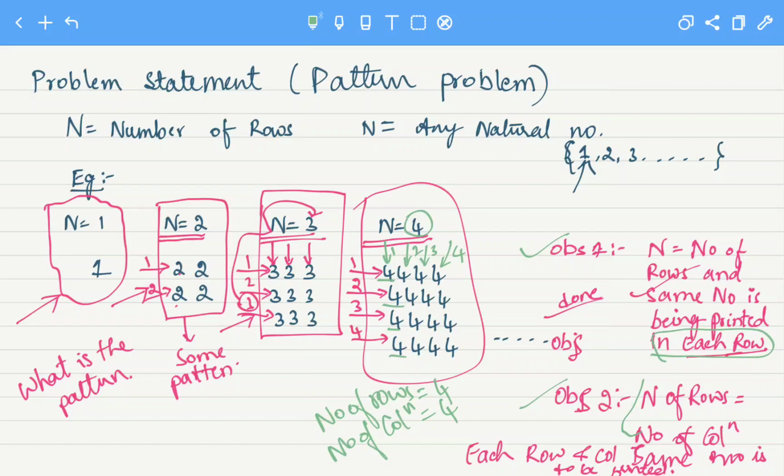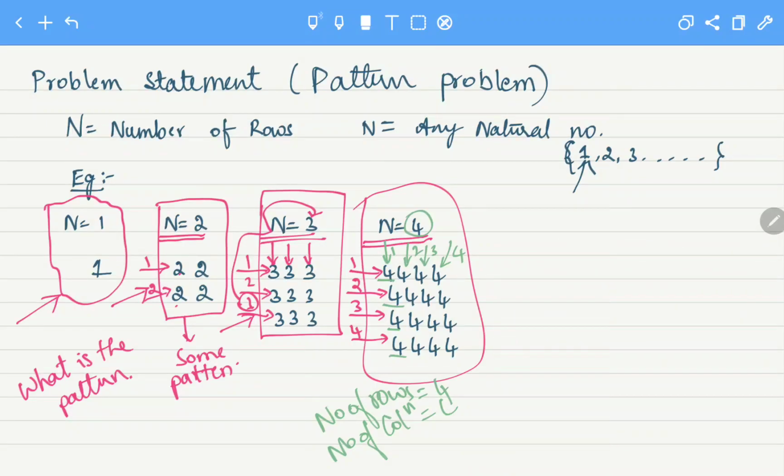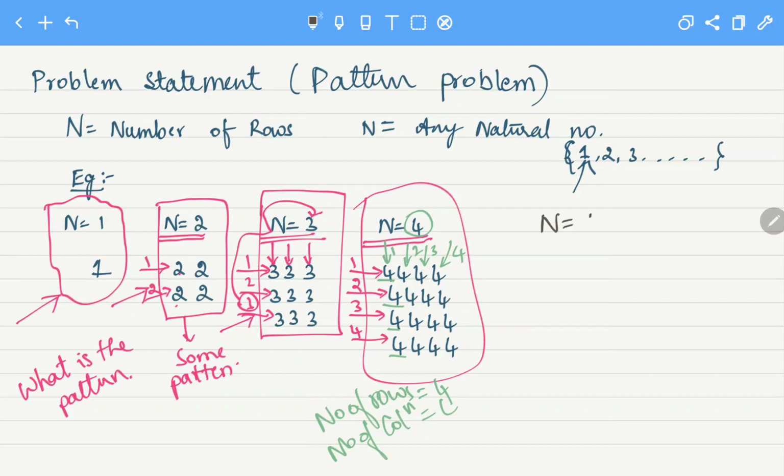So to make this example concrete, I'm erasing this now. Let's check what is happening for n equal to 5. The first observation is that whatever the value of n, we should have that many rows: 1, 2, 3, 4, 5, and the same number is to be printed in each row.